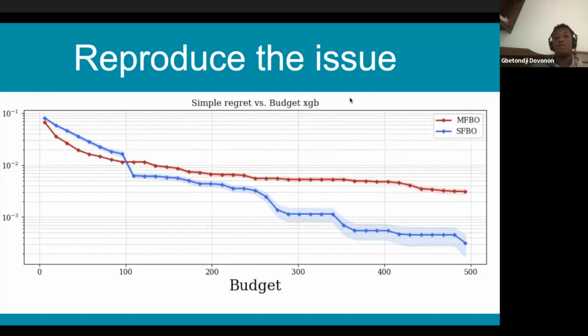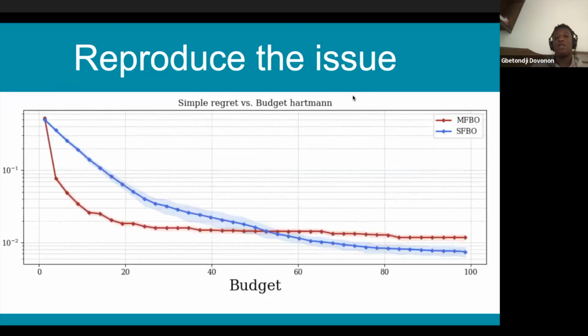This one is XGB, and this one is Hartman. So yes, finding trends in terms of how soon the crossover point exists, if it exists at all, or even theoretical guarantees in terms of whether that crossover point exists, how to avoid it, are things we are looking at.